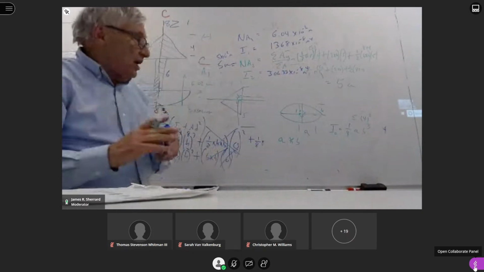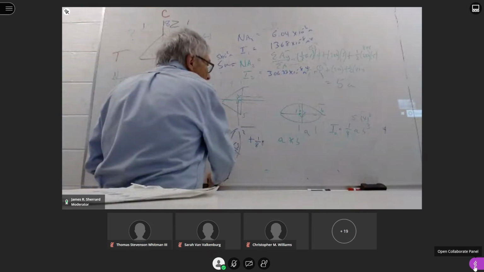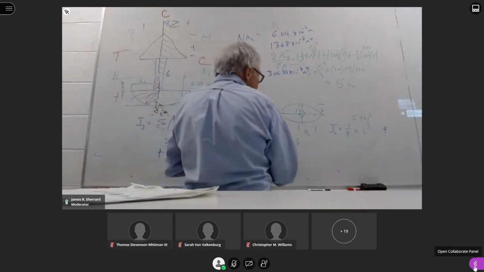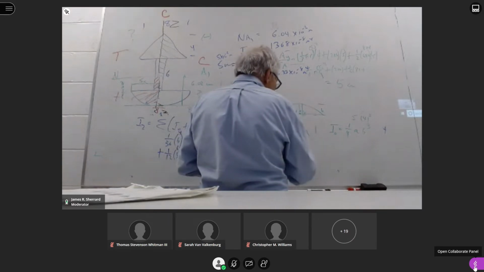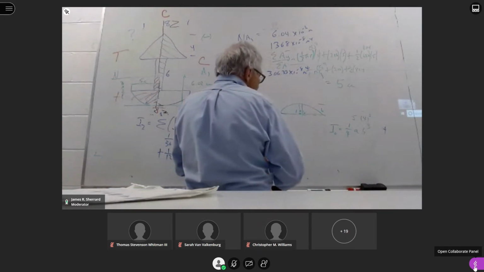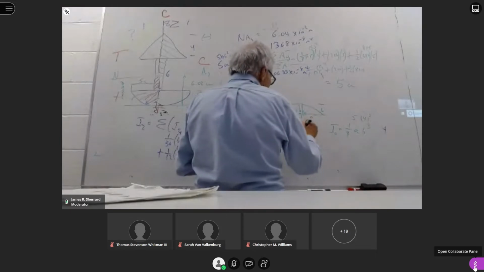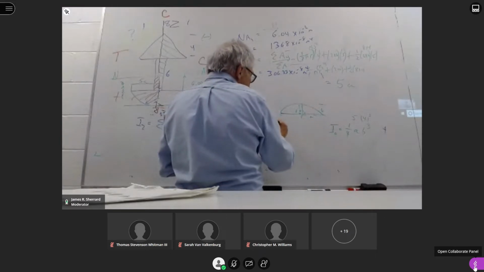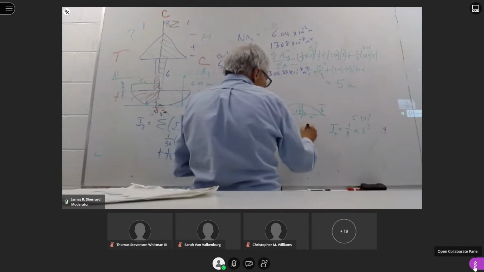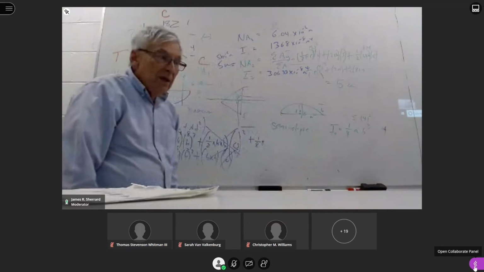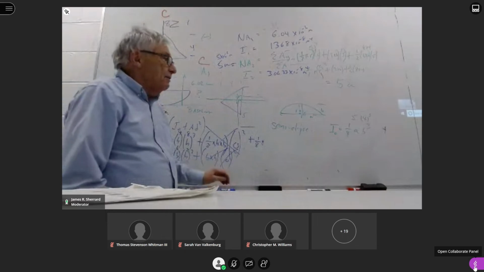Although it doesn't show it there, what would I be if I gave you just the upper half of this, a semi-ellipse? What would that I sub 0 be for that?